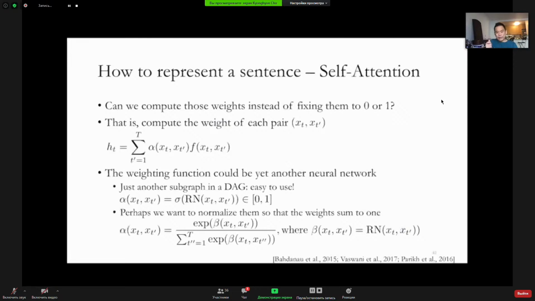And in order to get these weights, we can use the idea from the relational net. So whatever goes into this neural net F is going to be weighted by yet another neural net that takes as input the very same input. It's going to look at this pair and tell us whether this pair is very important or not for solving this particular problem. And that's how you end up using both the convolution and relational network, combining the ideas from these two, in order to end up with self-attention.